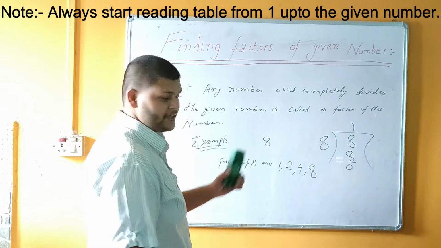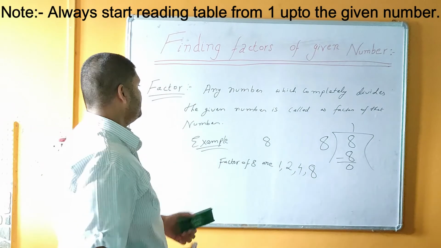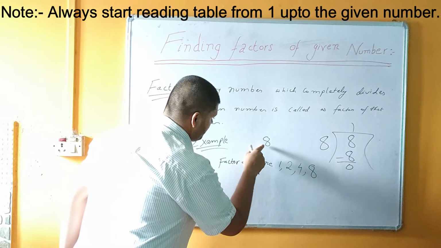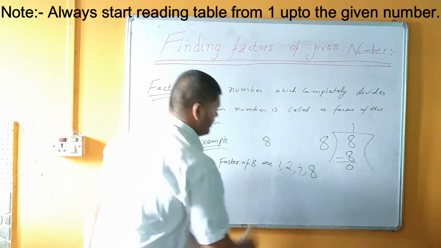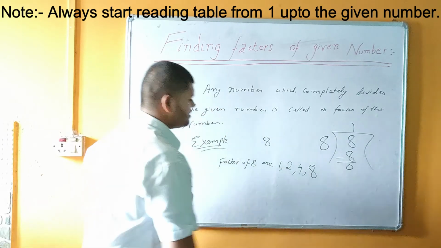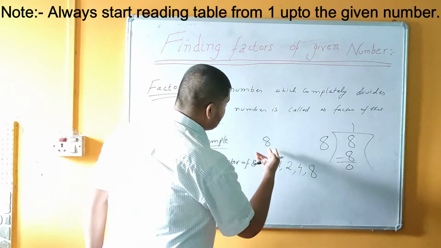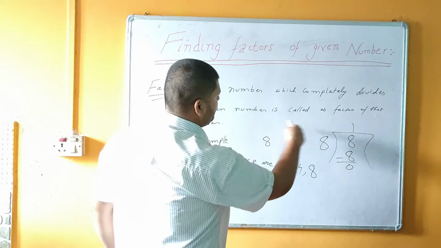Okay. Now it is clear. How to find the factors of a number is nothing but we are going to test whether this given number is divisible by these numbers or not. Yes, this 8 is divisible by these factors. Of course, factors are those numbers which completely divide the given number. That's what we have written over here.